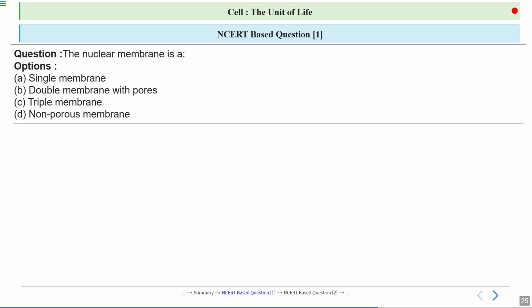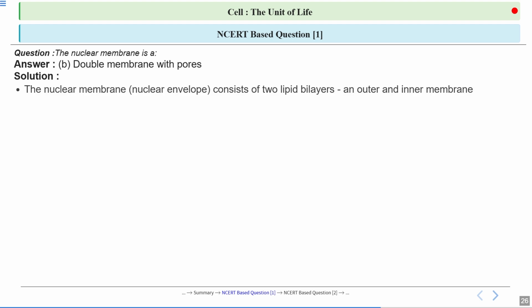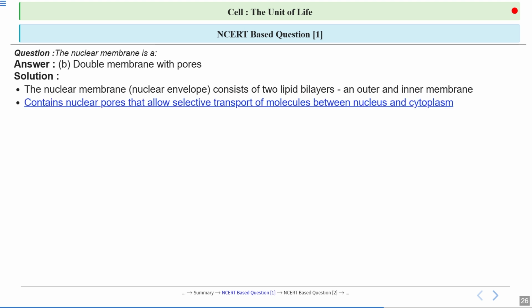So let's have a look at the answer. So the answer will be option number B. Option B is the correct answer, double membrane with pores. Let's have a look at the explanation. The nuclear membrane, also known as the nuclear envelope, consists of two lipid bilayers, an outer and an inner membrane. It also consists of the nuclear pores that allow selective transport of molecules between the nucleus and the cytoplasm.